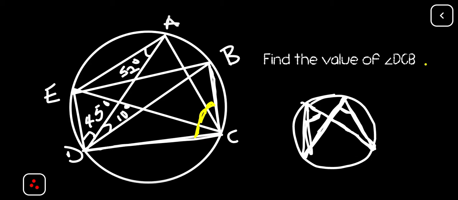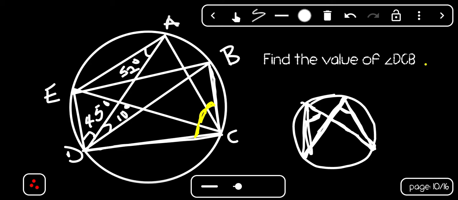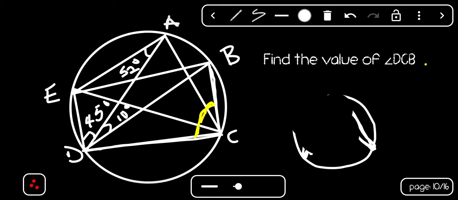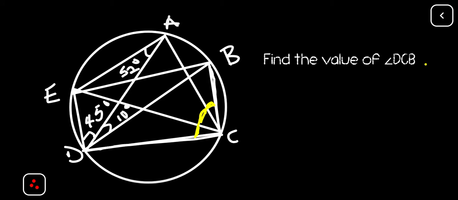That is the point. So we are going to look for that in this question here. Let's see if we can find subtended angles like that, and then we'll get the same segment to find angle DCB. Okay, so let's start with this first one here.